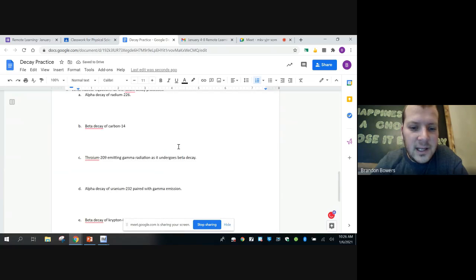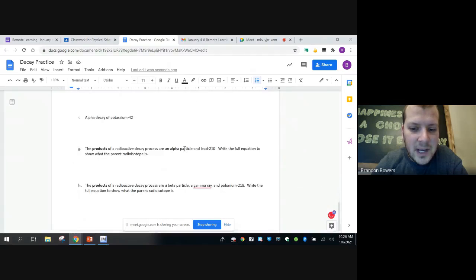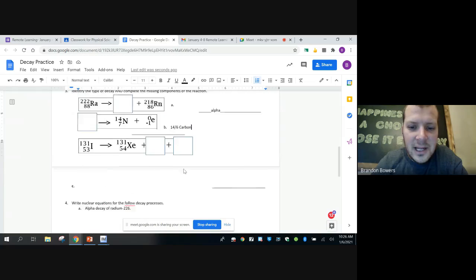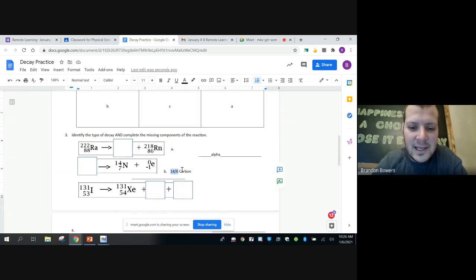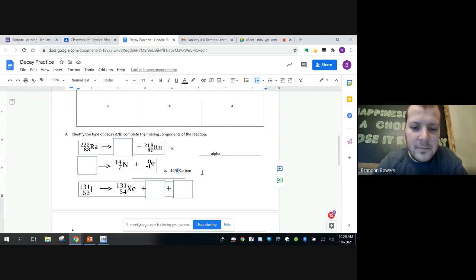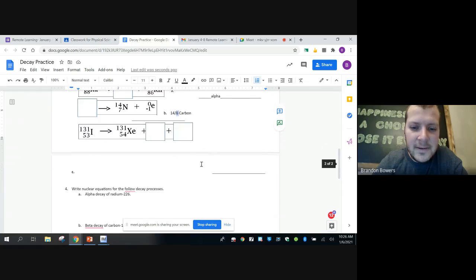And then you'll just solve some problems at the bottom. When you're doing a little fraction like that, I would do it like this, 14, 6. That represents the top number, 14. 6 represents the bottom number.